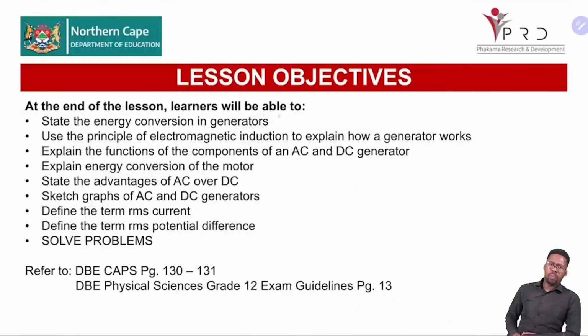We are going to explain the energy conversion of a motor. State the advantages of using AC over DC. Sketch the graph of AC and DC. Define VRMS. Define IRMS and solve problems.